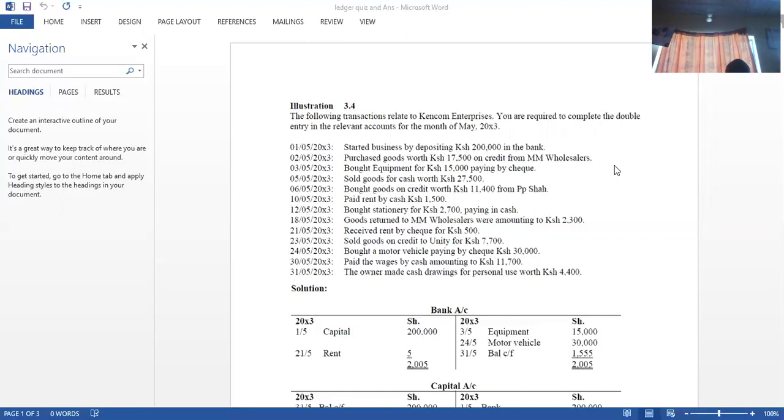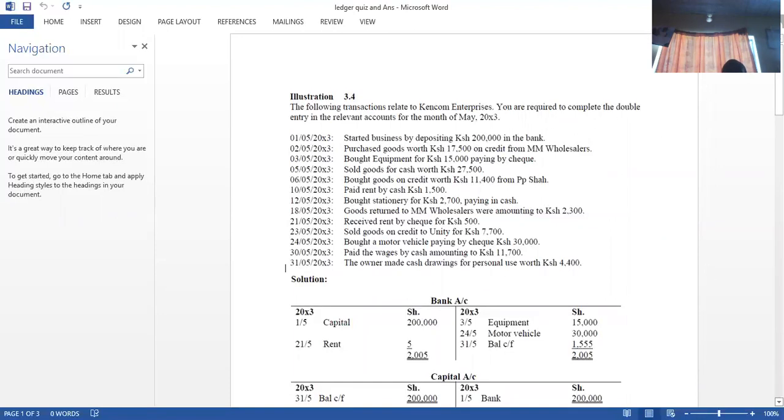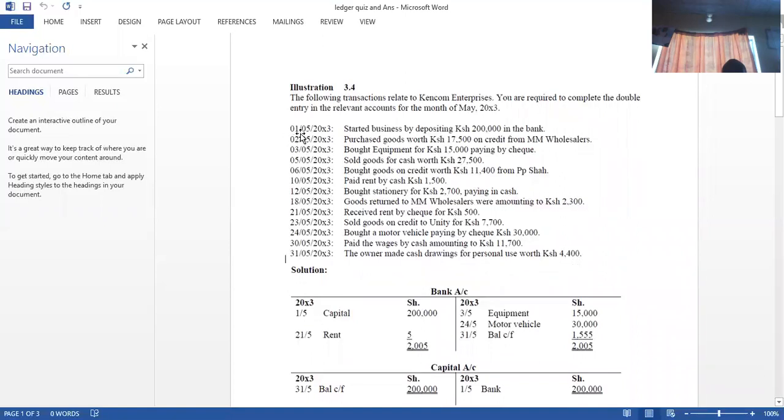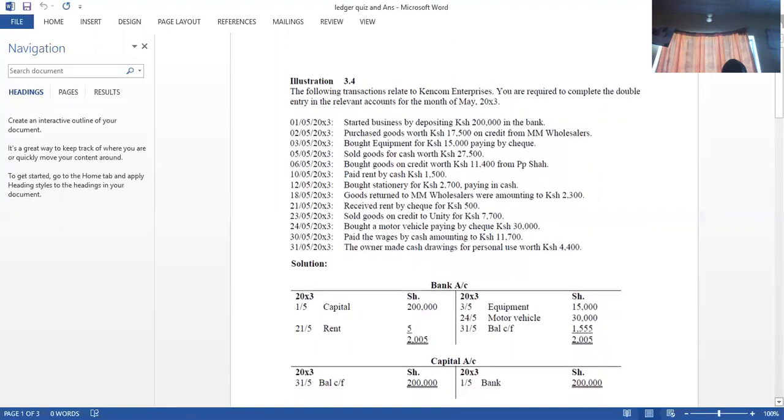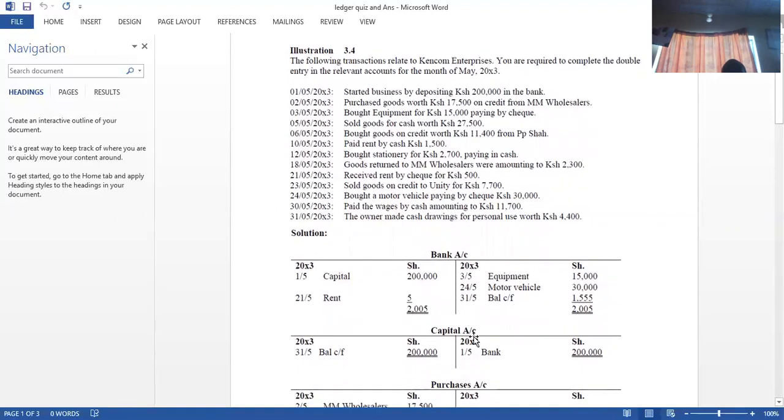Note this, anytime business is starting, capital is normally involved. And this capital is in form of cash that is deposited in the bank. That's why if you come here, you realize that the transaction for 01/05/2023 was recorded in bank and capital.